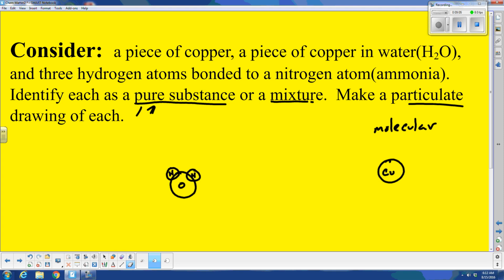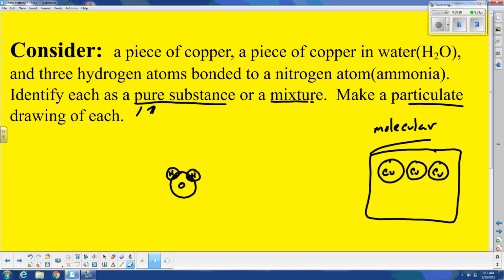So when I'm showing a molecule in which they're bonded, I show some kind of overlap, and that's really about it in terms of particulate drawings. Okay, so a piece of copper just has some copper atoms next to each other, and let's put these usually in a box or in a beaker. So that would represent our piece of copper.